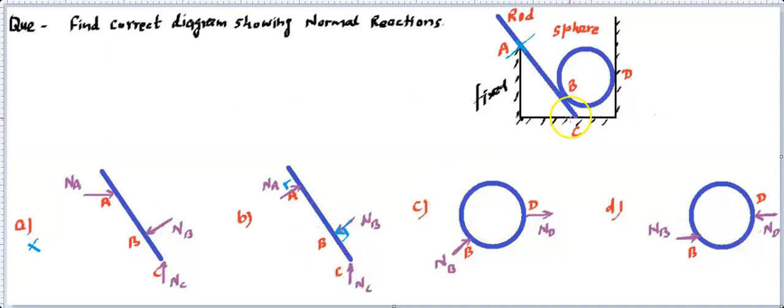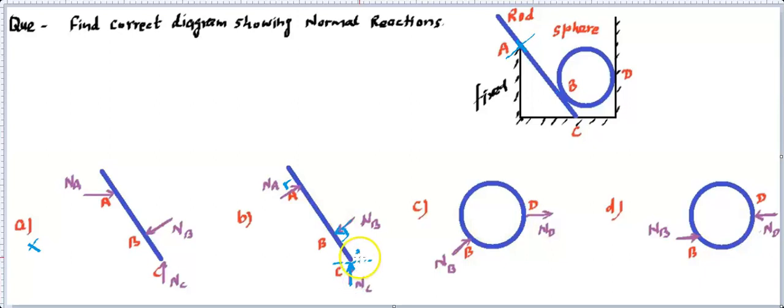Now let's come to point C. At point C, the common tangent is going to be this, so the common normal will be perpendicular. Here the normal reaction has to be perpendicular to the surface because the contact was this point of the rod, not the entire rod. So this was the common contact surface. It has to be a pushing effort. Yes, it meets all the requirements.